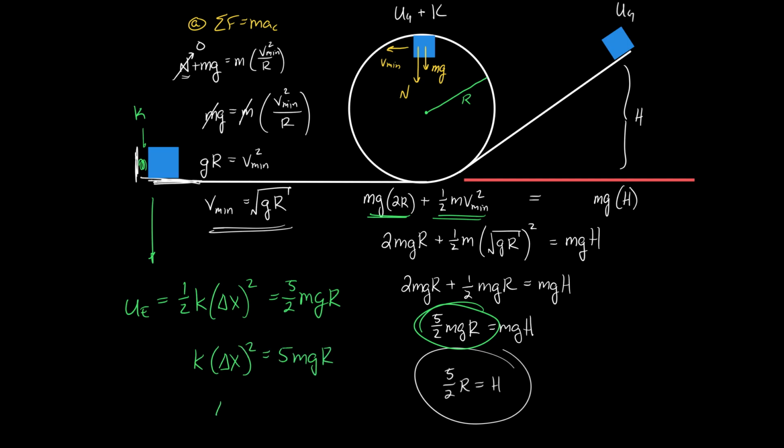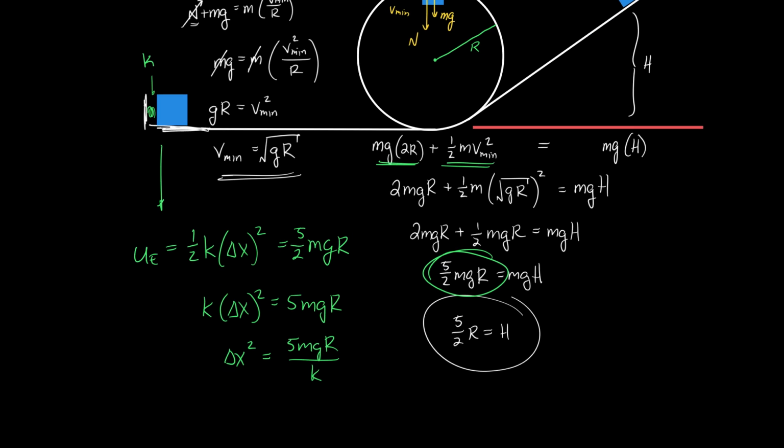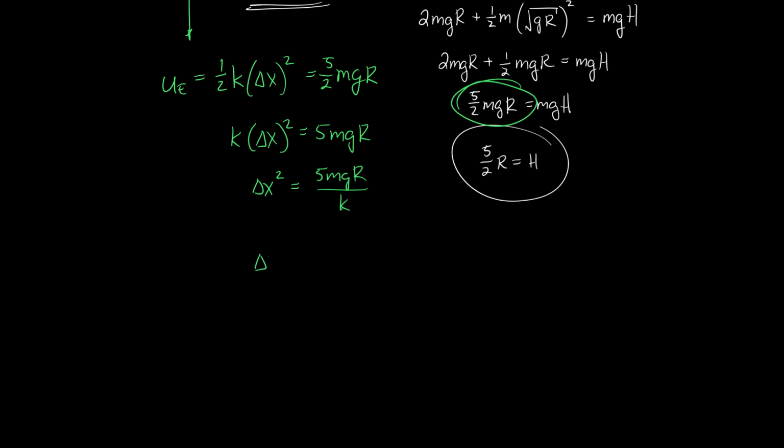Divide both sides by K. Delta x squared equals 5 mgr over K. And delta x equals the square root of all that. All right. So we've done all the math stuff.